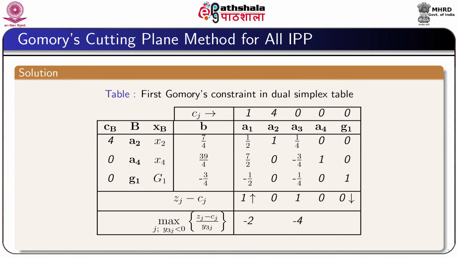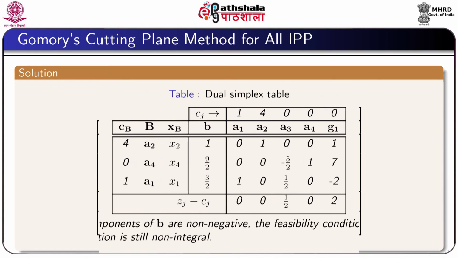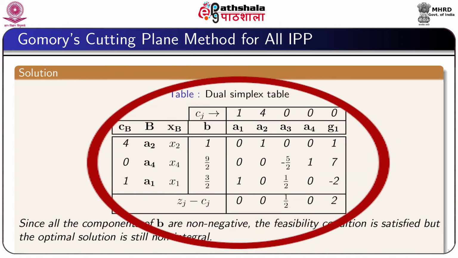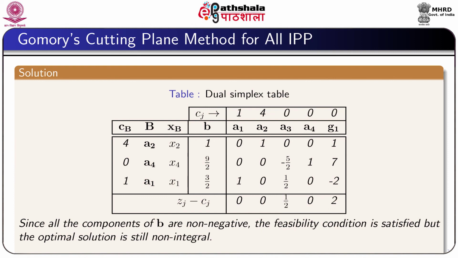So, the departing vector will obviously be G1 and then from the maximum ratio we find the entering vector as A1, and then proceeding, ultimately we see that all the components of B are now non-negative in this table and therefore, the feasibility condition in the dual simplex method is satisfied, but the optimal solution is still not integral because it gives x1 equal to 3 by 2 whereas x2 equal to 1.